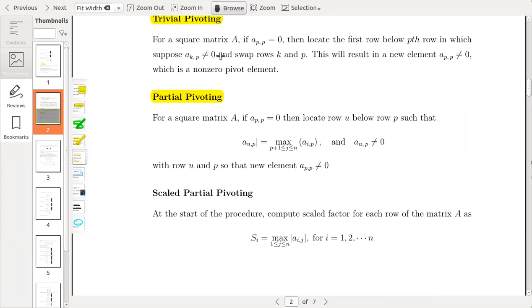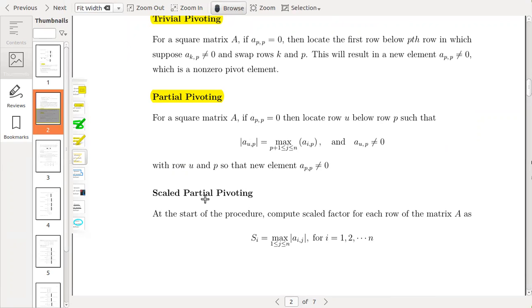So what is the difference between trivial pivoting and partial pivoting? In trivial pivoting, we can interchange the first row with any row below it. But in partial pivoting, we locate the maximum entry in the same column where this diagonal entry lies.